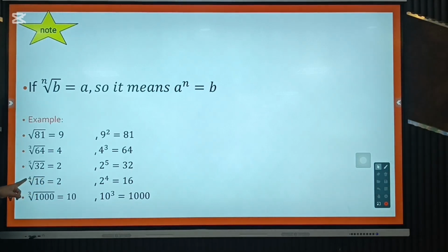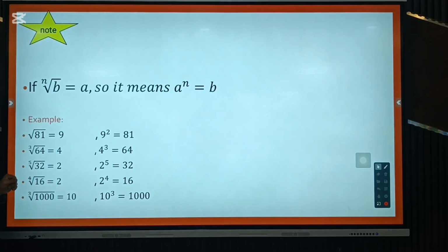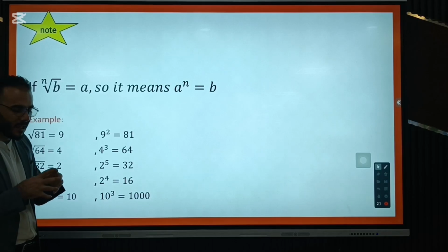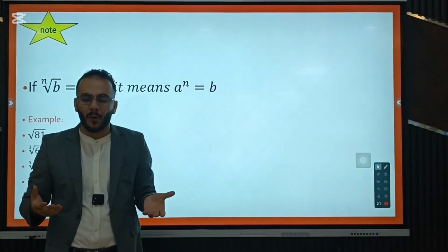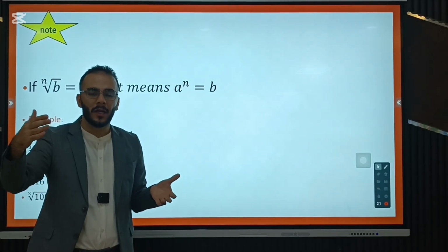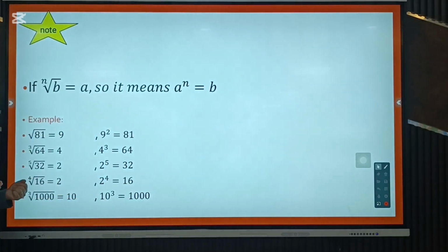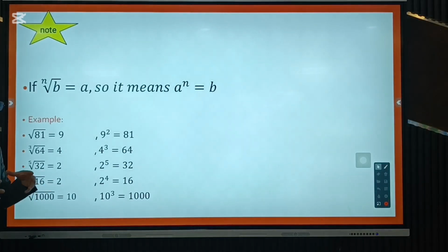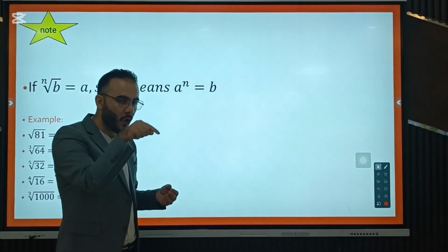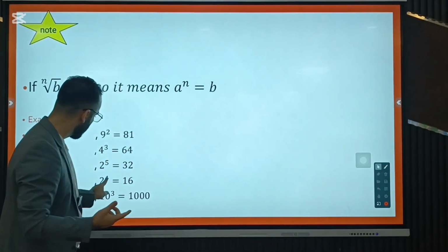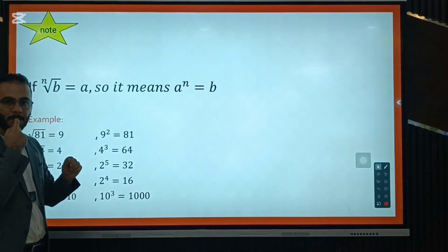If we have fourth root of 16, that means what number to the power of 4 equals 16? This is exactly what this statement means. Fourth root of 16 is equal to 2, which means that 2 to the power of 4 equals 16.